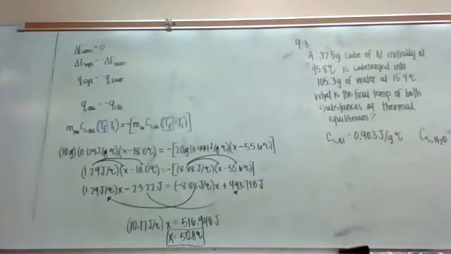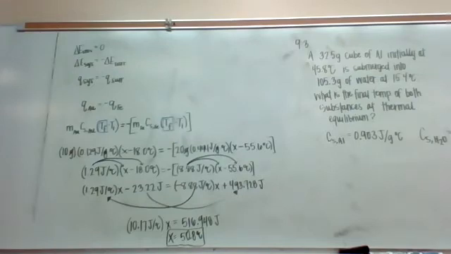Right, so there's what the problem reads. I'll read it aloud. And so it says a 32.5 gram cube of aluminum, initially at 45.8 degrees Celsius, is submerged into 105.3 grams of water at 15.4 degrees Celsius.